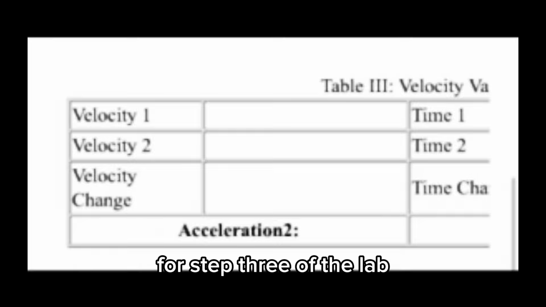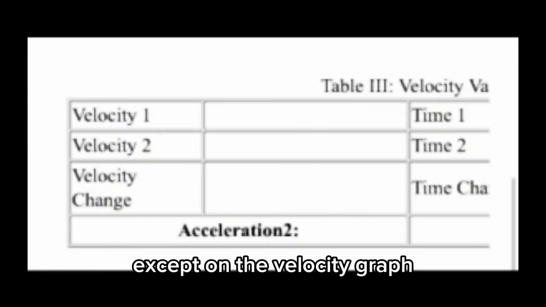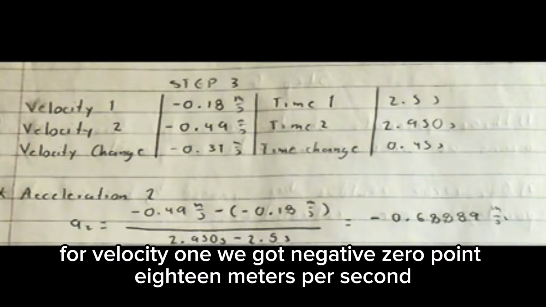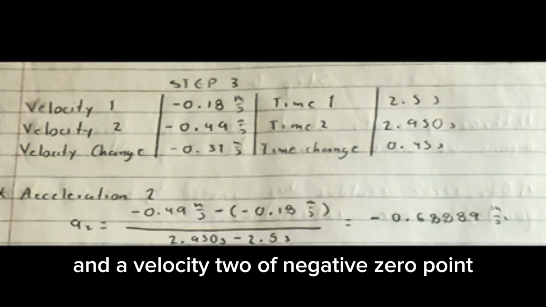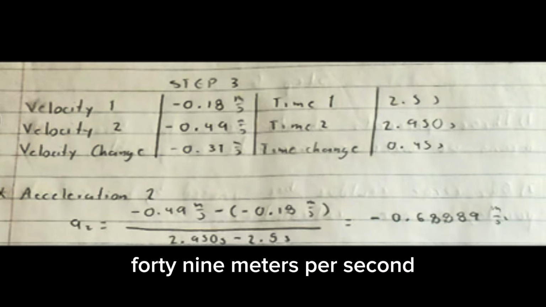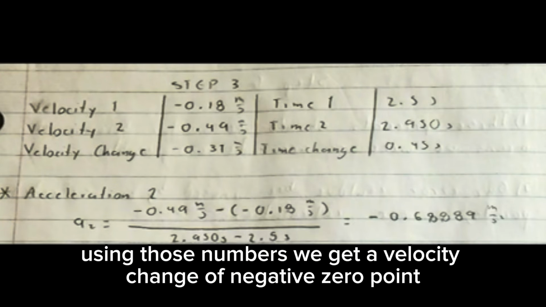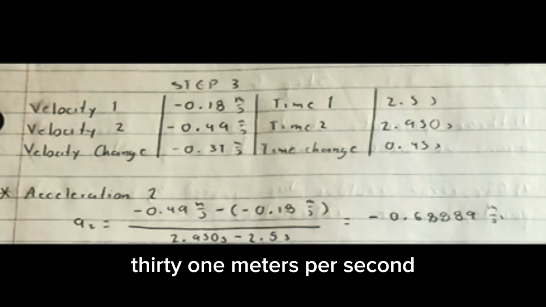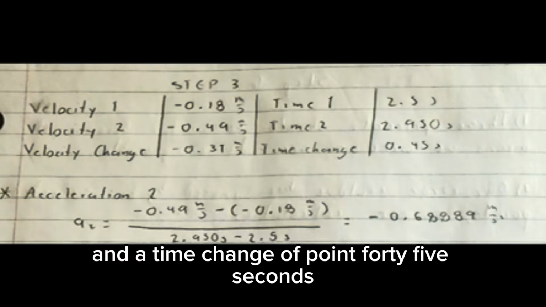For step 3 of the lab, we used the same points from step 1 except on the velocity graph. For velocity 1, we got negative 0.18 meters per second and a time 1 of 2.5 seconds, and a velocity 2 of negative 0.49 meters per second and a time 2 of 2.950 seconds. Using those numbers, we get a velocity change of negative 0.31 meters per second and a time change of 0.45 seconds.